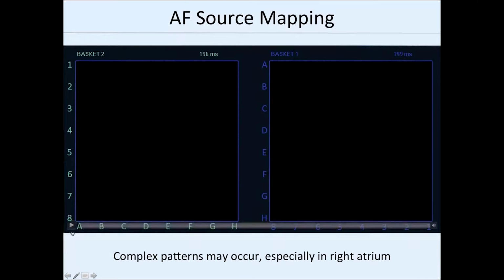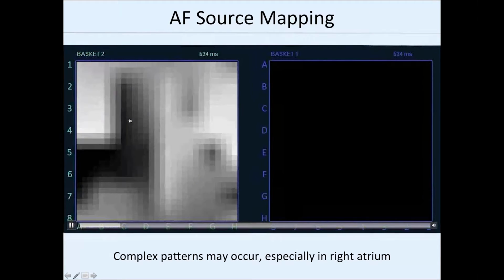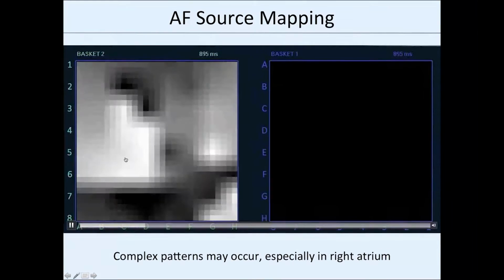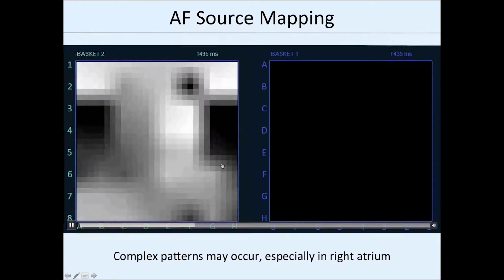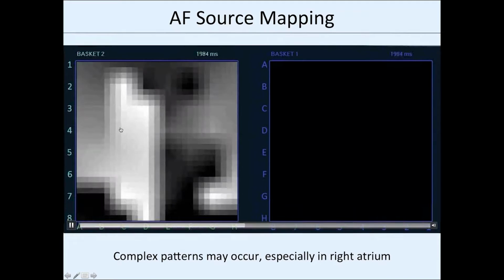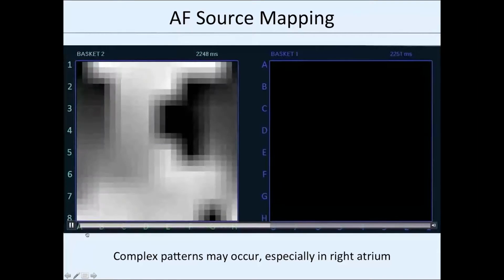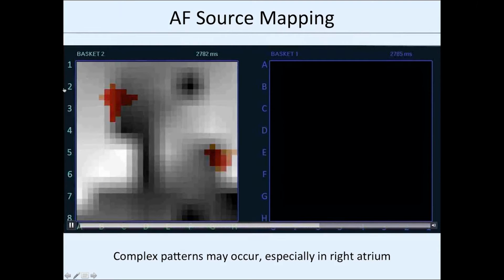I'm going to show you this case in the right atrium, where we have a rotation going around in this counterclockwise direction here, very clear, but also a rotation in this clockwise direction, which looks almost like a fountain coming out over here. In this situation, we have our splines down here, A through H, and our electrodes 1 through 4.